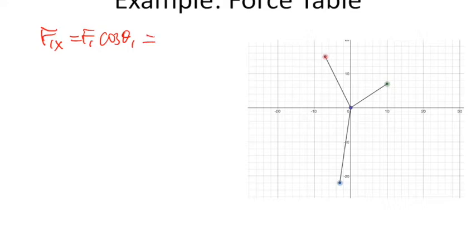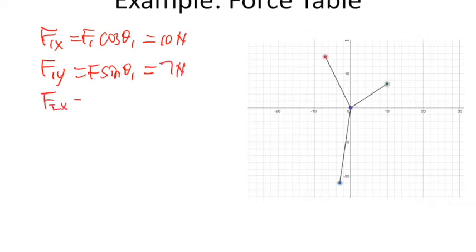We find that is 10 Newtons. F1y is F1 sine theta 1, which at 35 degrees is 7 Newtons. F2x is F2 cosine theta 2. You can just plug in 115 degrees here. So you have F2x is negative 7 Newtons.